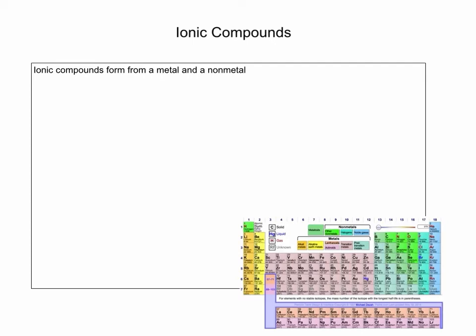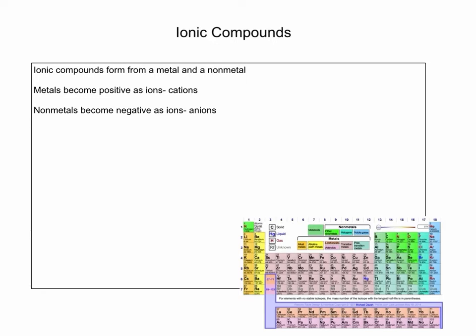And because metals become positive as ions, also known as cations, positive ions, and nonmetals become negative as ions, also known as anions, you must have at least one of each type in order to form the positive ion and the negative ion that you need for an ionic compound.